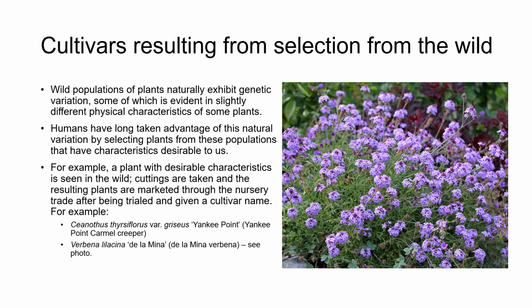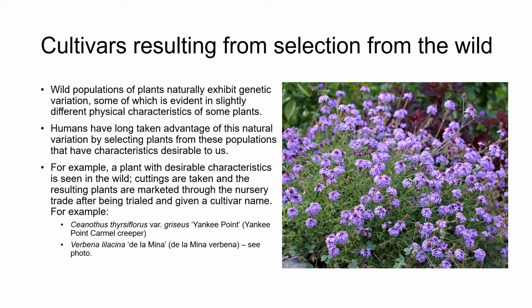Horticulturalists take advantage of these naturally occurring differences by collecting cuttings from a desirable phenotype and propagating it vegetatively, i.e. they clone it. The plant may then be grown on in the nursery for a while to see how it performs. If it performs well, it's given a cultivar name, and the nursery starts marketing the plant through the nursery trade.